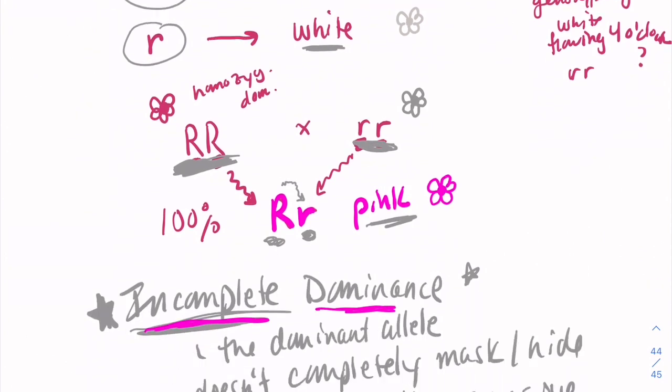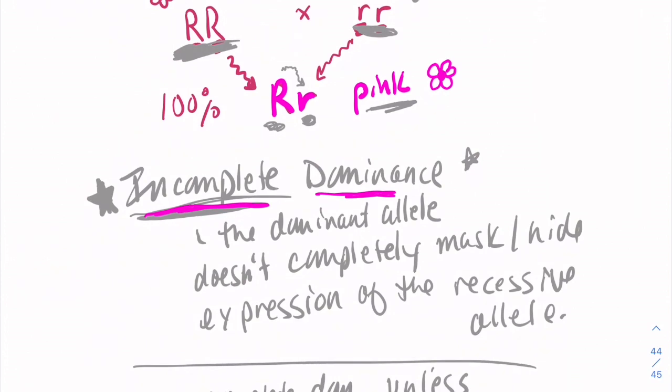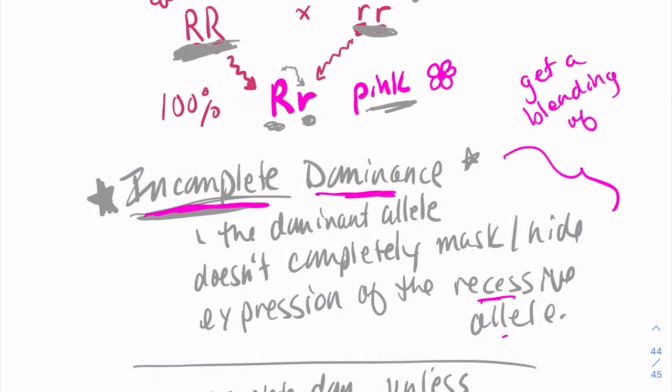That's where the dominant allele does not completely mask or hide expression of the recessive. So you get a blending of the two phenotypes. Remember that phenotype is what the trait looks like.